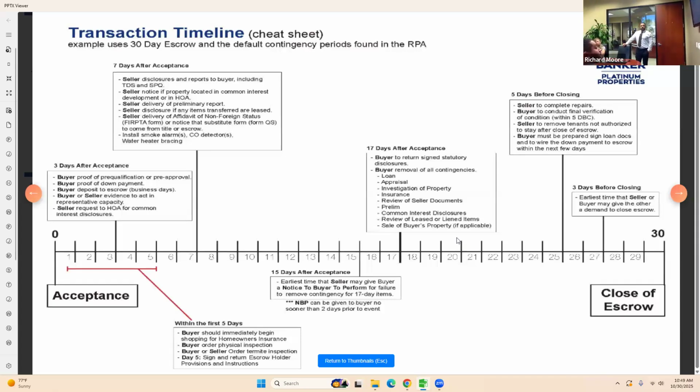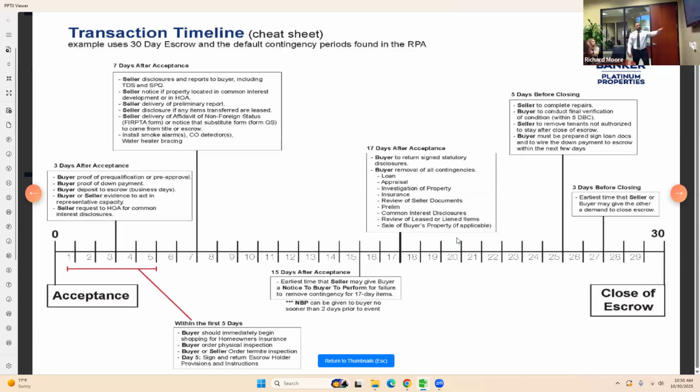Hey, you're gonna remove contingencies? Well, before we remove them, here's a request for repairs. Agree to it, and then we'll remove them. That could be a strategy. But if not, you're wasting serious time, right? If there's a lot of things that need to be repaired, and you're waiting till day 16 to send over the request for repairs, you could be submitting an offer somewhere else, right?